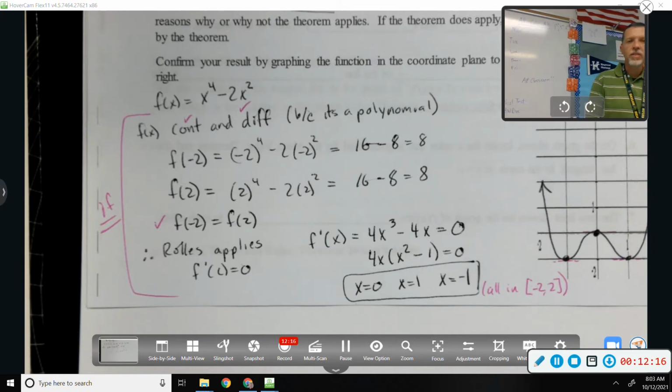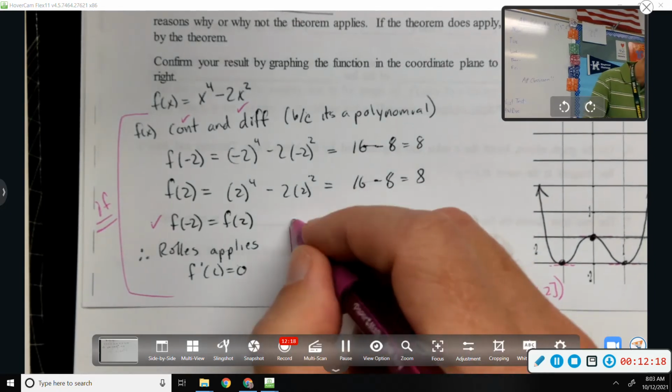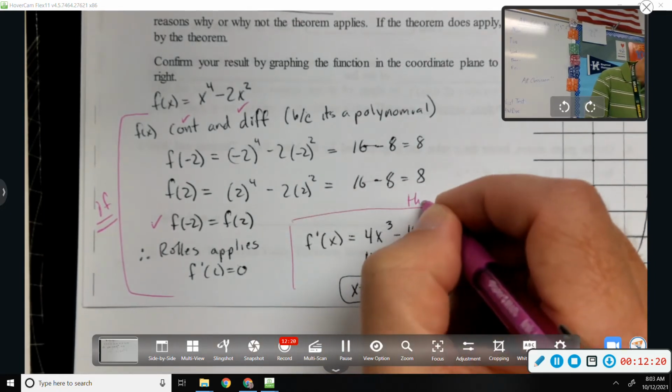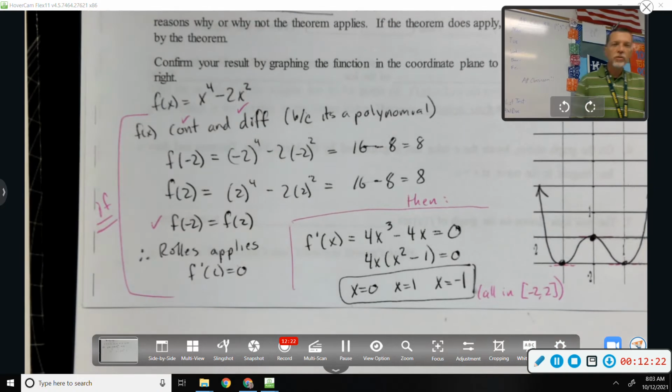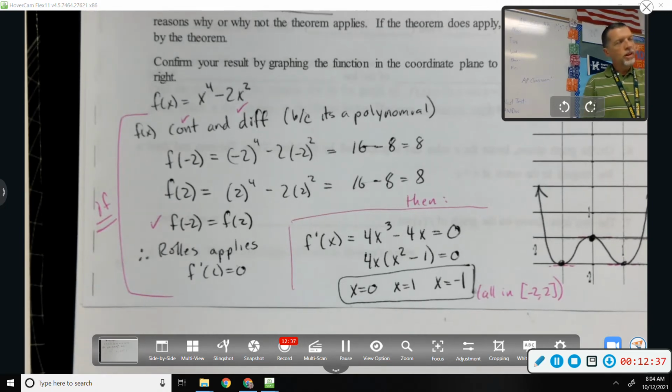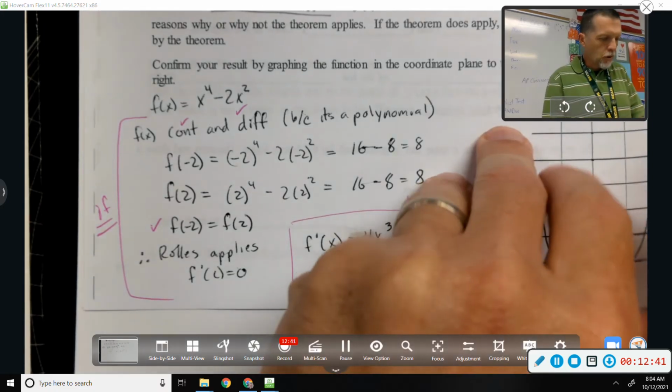Again, to emphasize, the first part is the if, the second part is the then. Don't jump just to the then part. You got to show the if part so that the then part makes sense. All right, well, that's kind of it for Rolle's theorem. So continuous, differentiable, y values are the same. Then those 3 things, if that's true, then somewhere the derivative is 0.